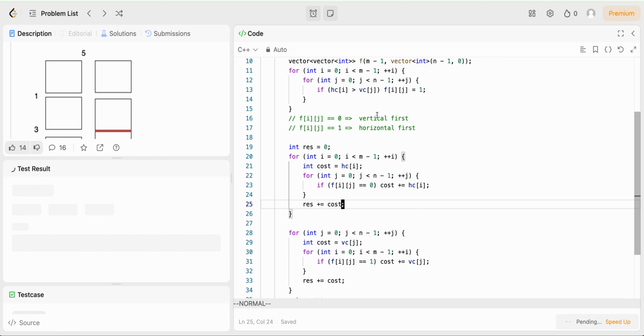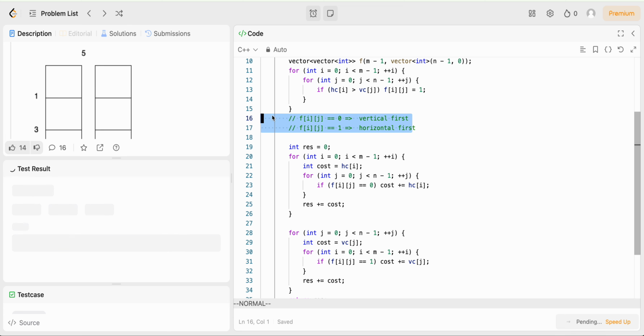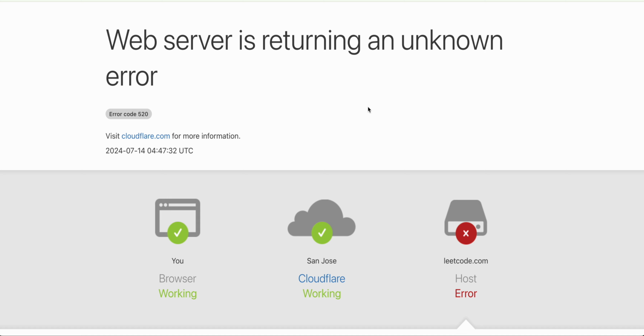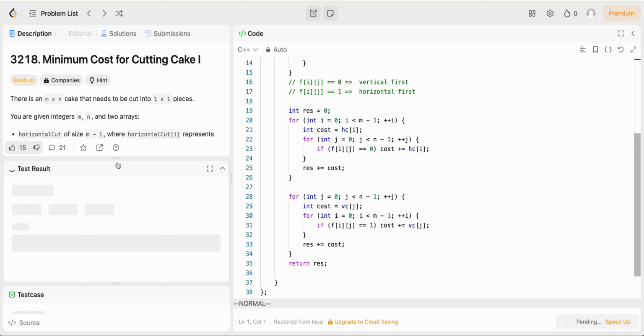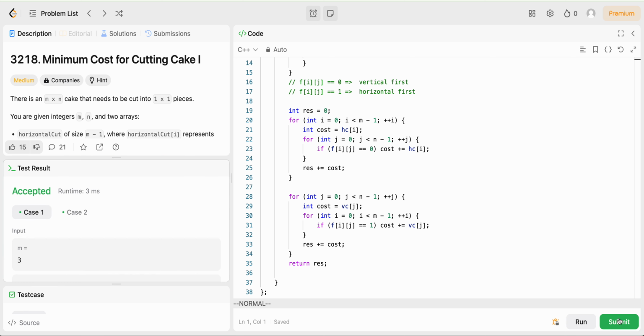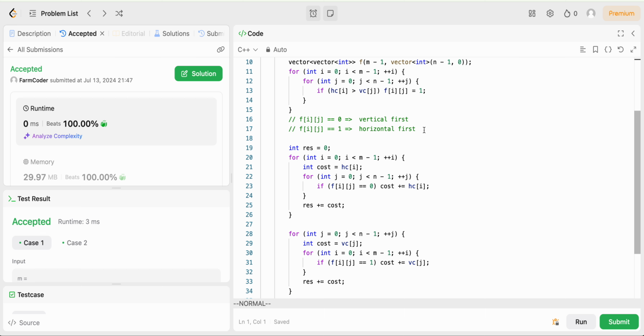Yeah, so basically we made this argument incorrectly at first. Oh, something is wrong with leetcode. Let's try again. Okay, it seems correct. Let's submit. Yeah, it works. And sorry for the confusion.